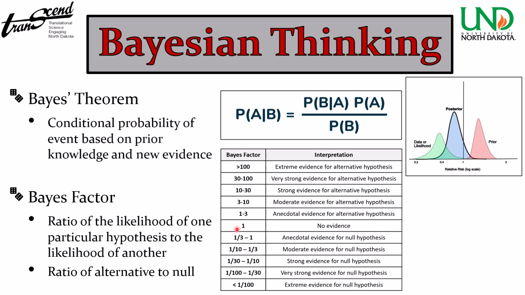There's no evidence, so 1 means no evidence. If it's greater than 1, that means there's evidence for the alternative, and as you go higher it becomes stronger and stronger, anywhere from anecdotal to extreme evidence. If the null is stronger, it'll be a fraction. A low fraction is anecdotal evidence for the null, all the way to a very small fraction, which is extreme evidence for the null hypothesis.